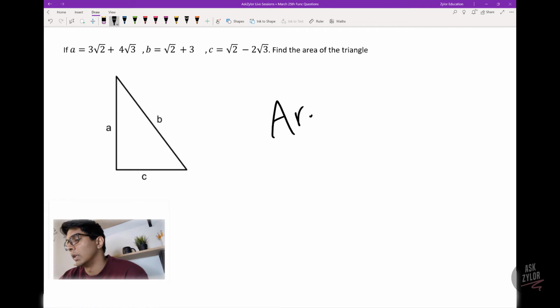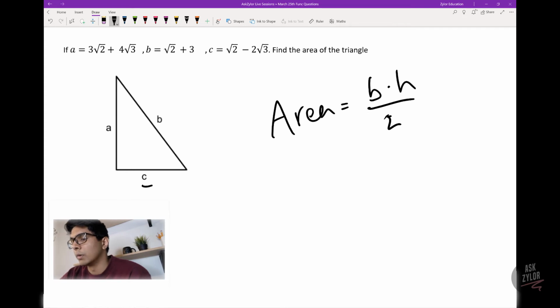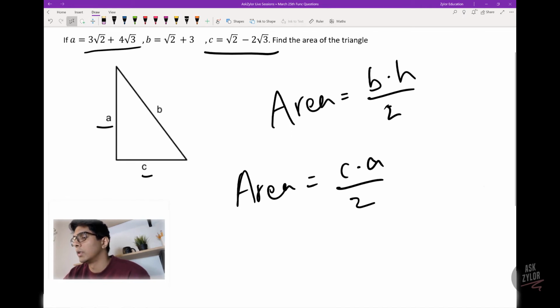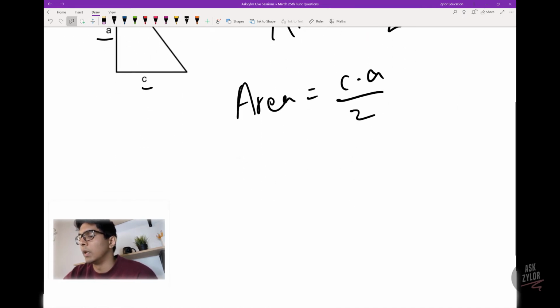So the usual area is pretty simple. It's just going to be base times height over 2. What's my base? It's going to be C. What's my height? It's A. So my area is going to be C times A over 2. And we have the C and A values right here. So let's go ahead and find what C times A is.